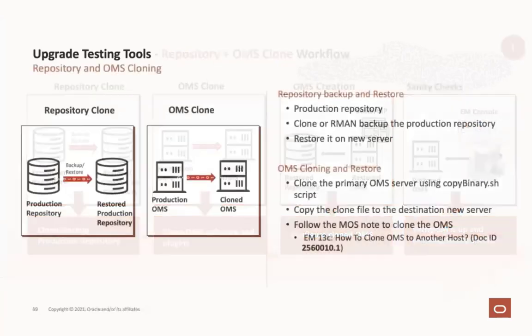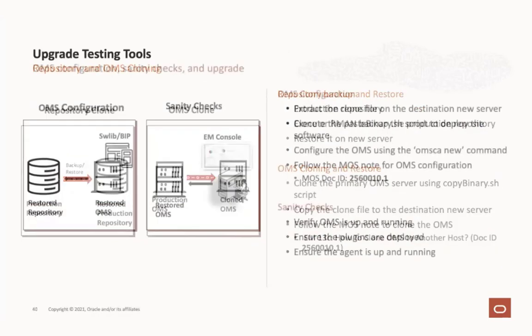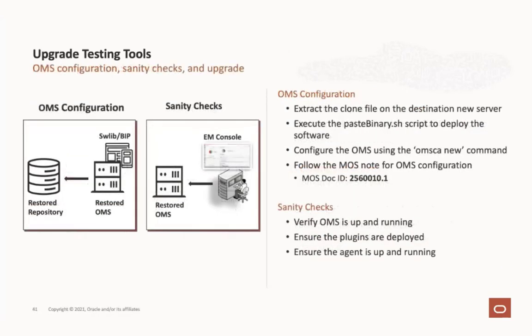What exactly it will do is help you validate whether the data inside the repository and the data inside the OMS with respect to the plugins is all in a healthy state when you actually go for the production upgrade. So this will help you ensure data integrity, meaning you don't run into any data issues in the repository, and also we don't see any issues with respect to the plugins. So this method is what we recommend as part of the Primo program.